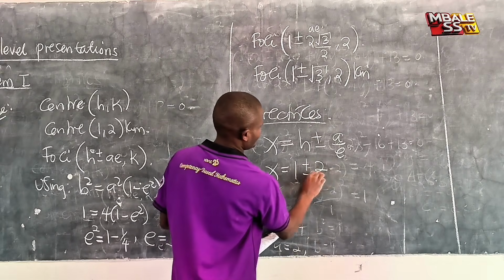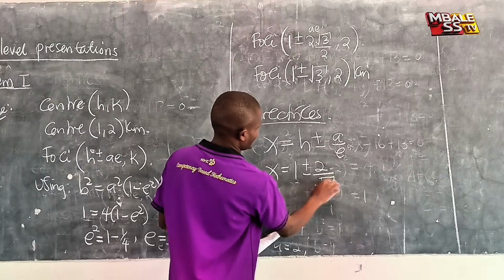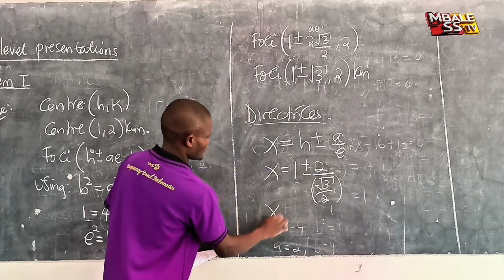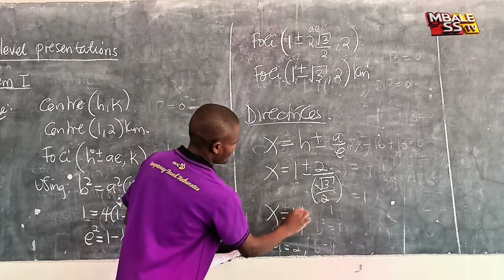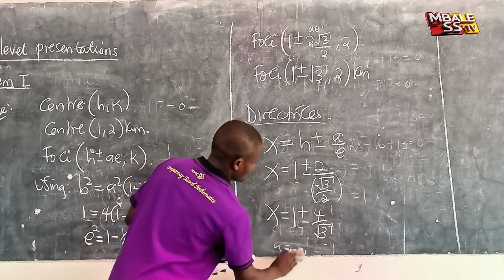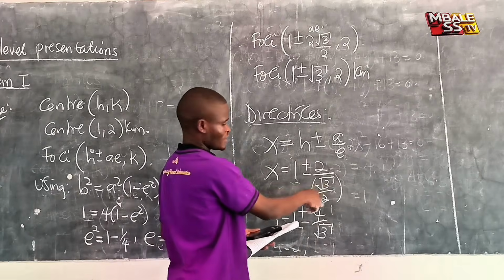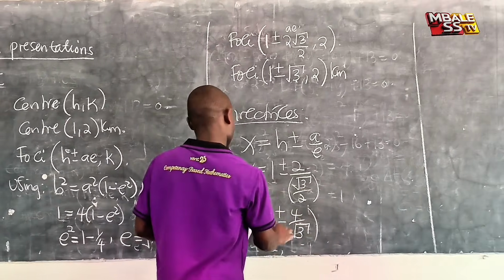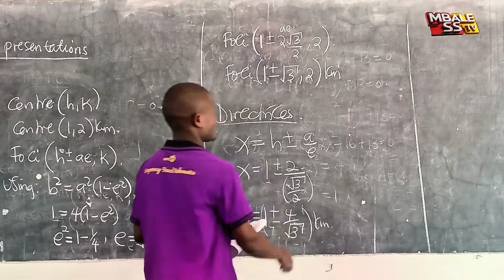So that is 2 divided by root 3 over 2, because this is the eccentricity. So when you solve the directrices here, we have 1 plus or minus 4 divided by root 3. When we are simplifying here, this denominator comes on top. So this is now in kilometers also.